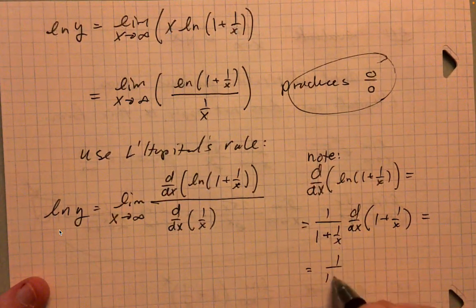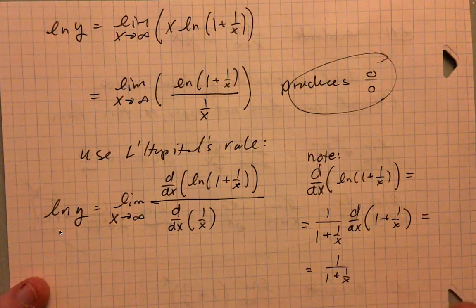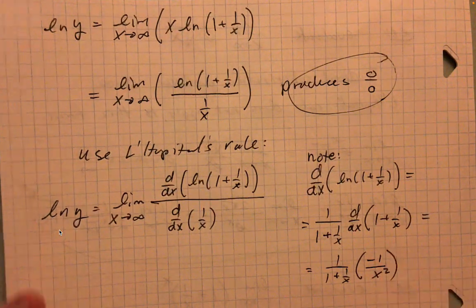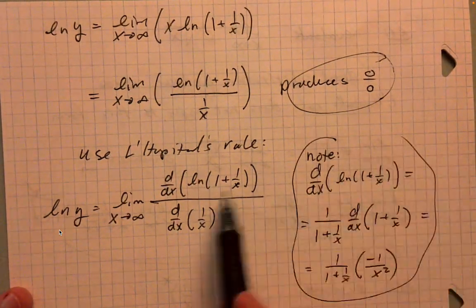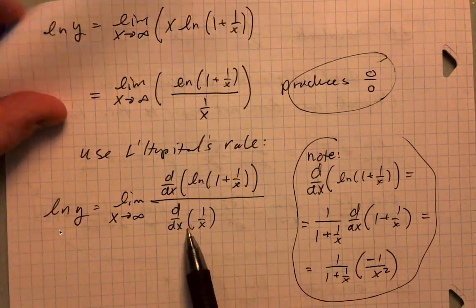So you have 1 over 1 plus 1 over x times this derivative, which is negative 1 over x squared. So that's what this numerator is equal to. And then obviously this one is straightforward to grab.